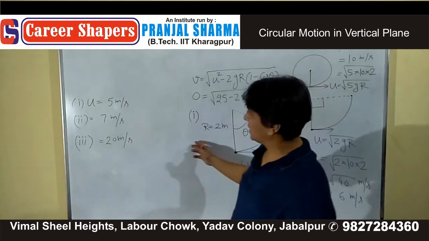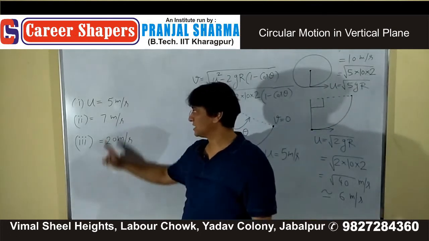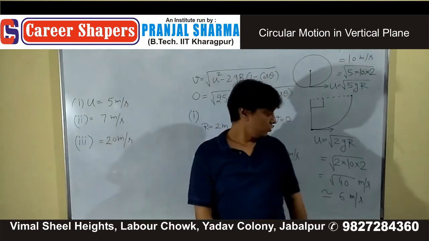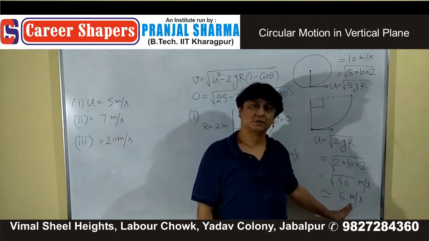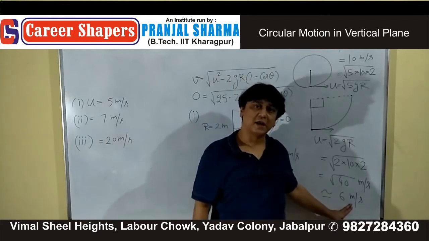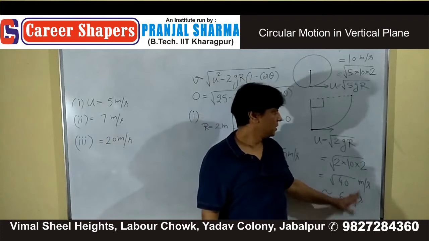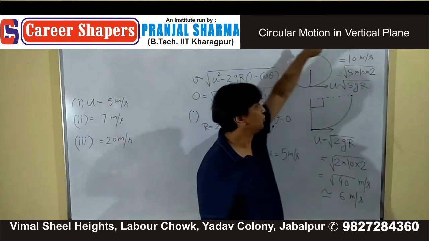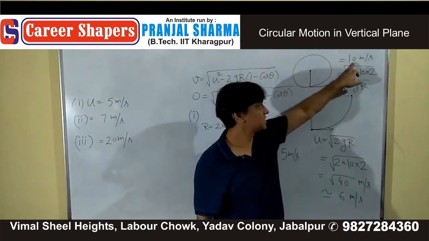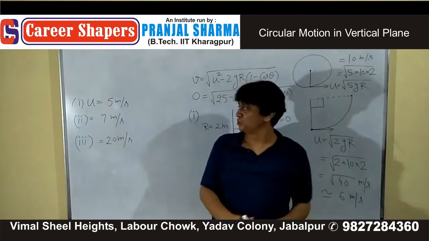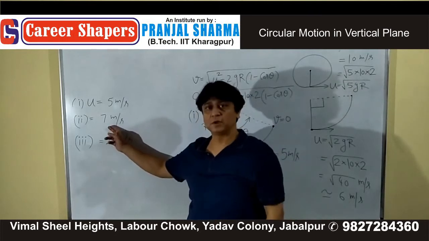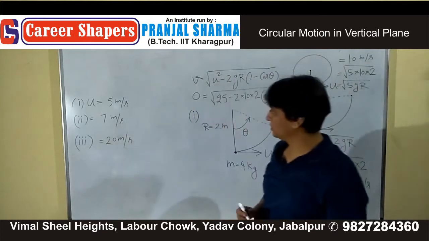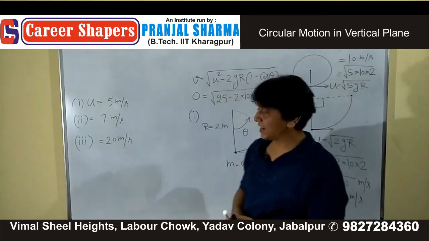Now, if you look at the second part, it says u is 7 meters per second, which is greater than 6. That means now it can complete 1/4 circle, but it cannot complete half circle. To reach this position, you must have a minimum of 10. But since you only have 7, it's not possible to reach this position.